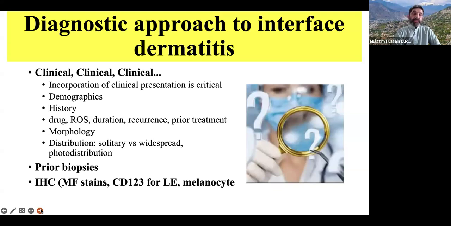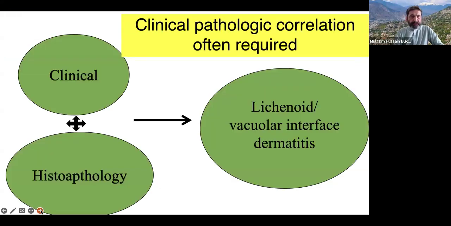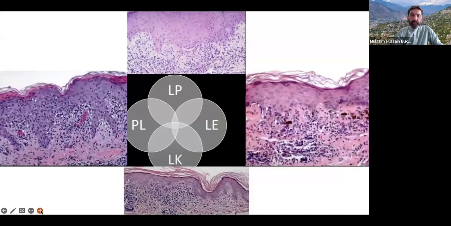Before this, that was an interface type of neutrophilic acute febrile dermatitis. So this is important. Clinical plus histopathological, we can reach toward the lichenoid vacuolar interface dermatitis.